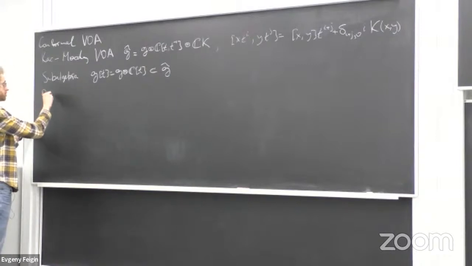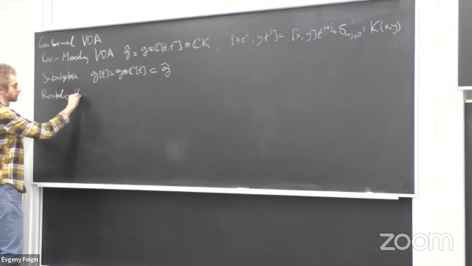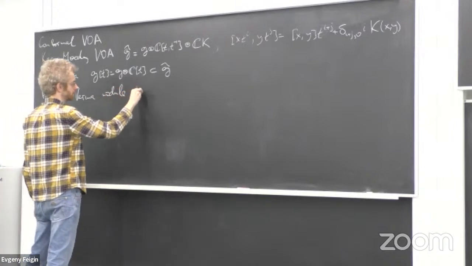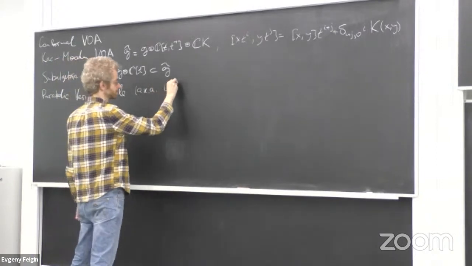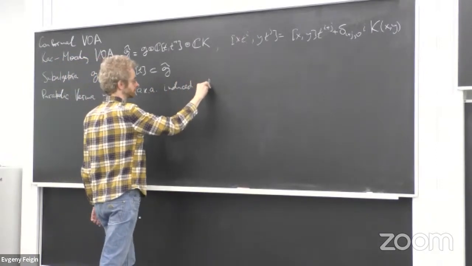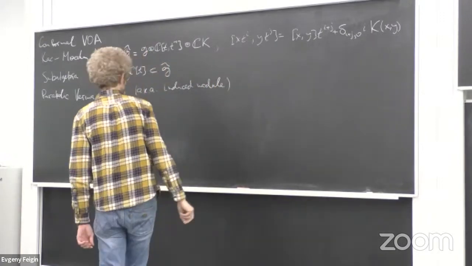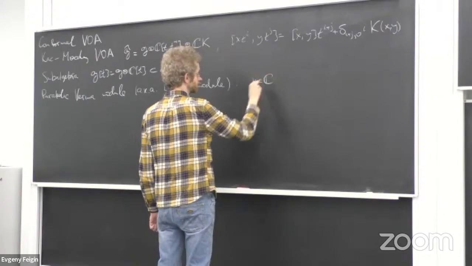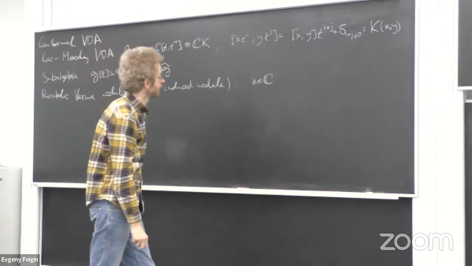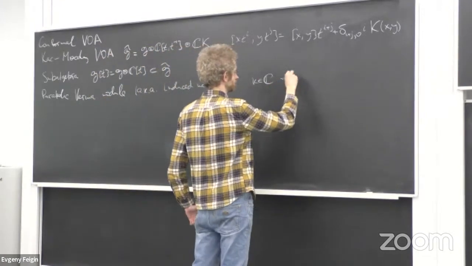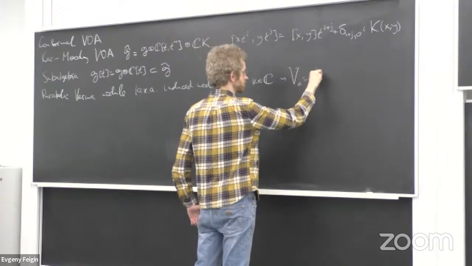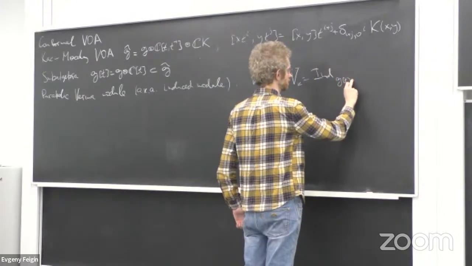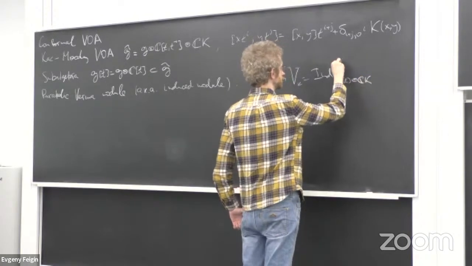And so given the subalgebra and the corresponding Kac-Moody Lie algebra, we have the so-called parabolic Verma module, or induced module. So we fix a number k, which is an arbitrary complex number, and we consider Vk, which is the module induced from g[t] plus Ck to g hat.